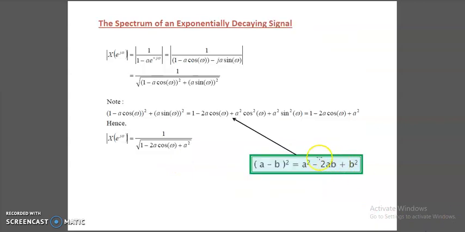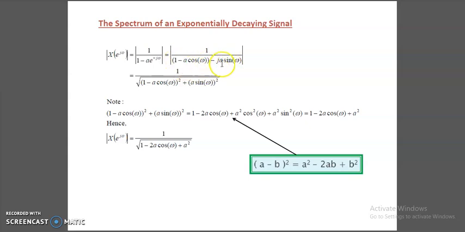Next we can check its spectrum. First we find its magnitude. So modulus of x of e raised to j omega is equal to modulus of 1 by 1 minus a into e raised to minus j omega. We know that e raised to minus j theta is cos theta minus j sin theta. So substitute that here. You will get an equation like this one.